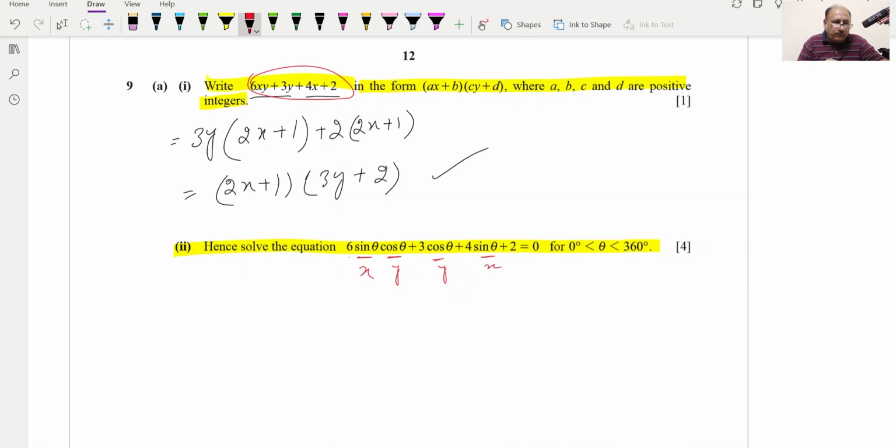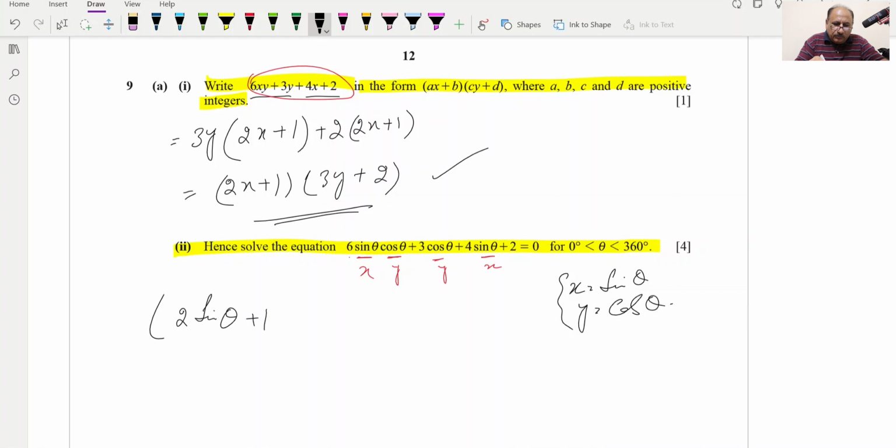Now the same formula we can write; in this one we can replace the x and y values. So we can write x is equal to sine theta and y is equal to cos theta. So now we can write 2x, x means sine theta, plus 1, I'm replacing in this, and 3y, so 3 cos theta, plus 2, and it is given that it is equal to 0, so we'll put equal to 0.